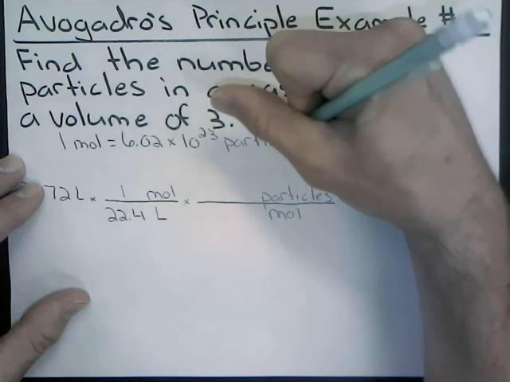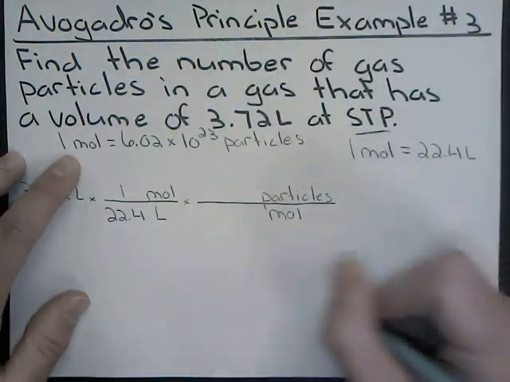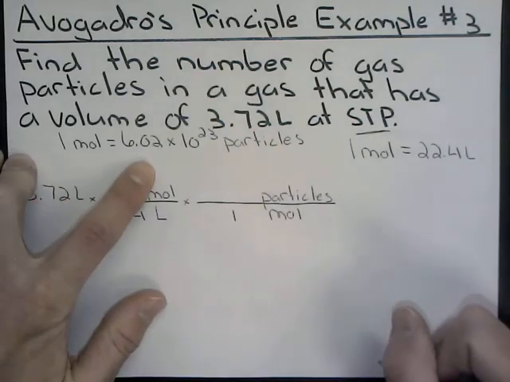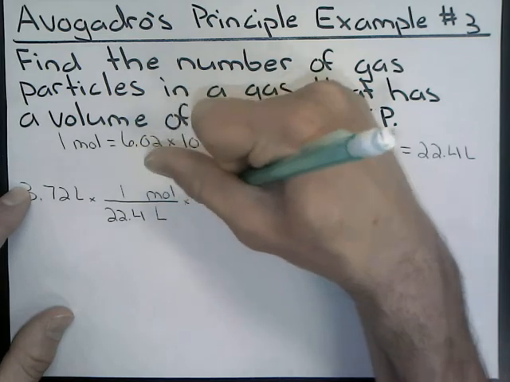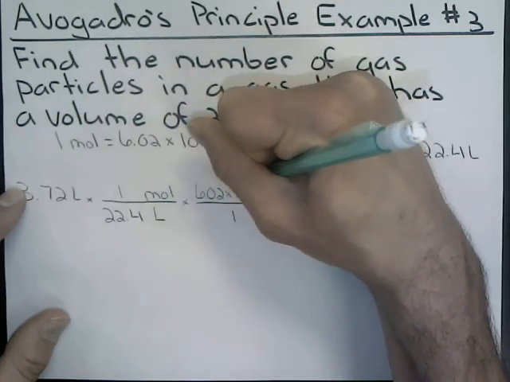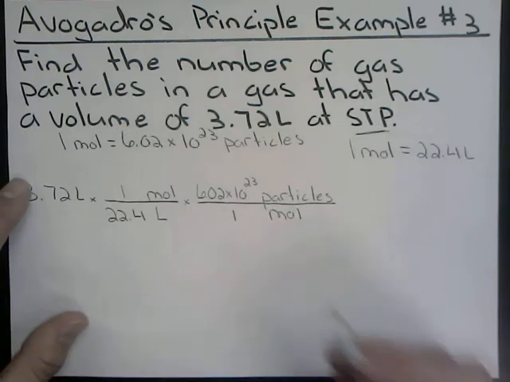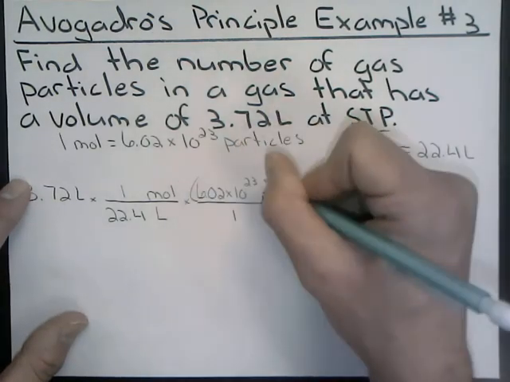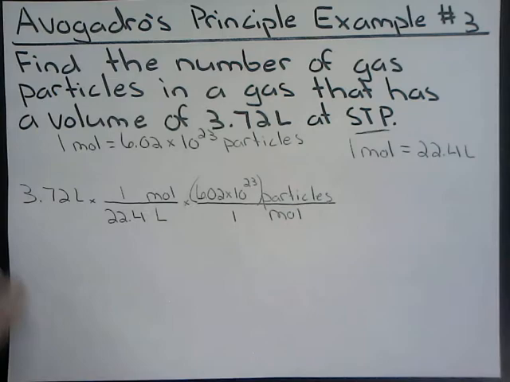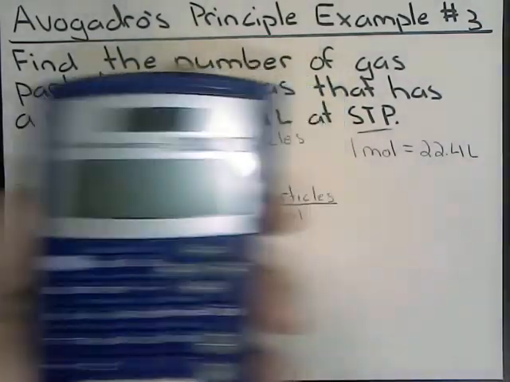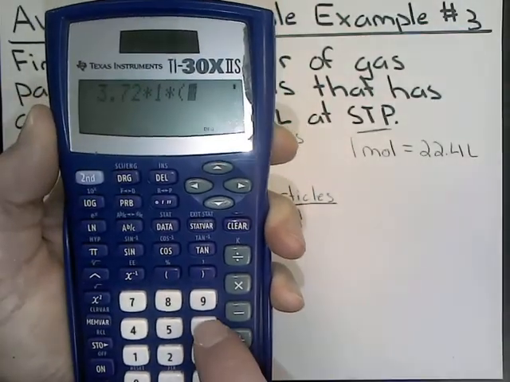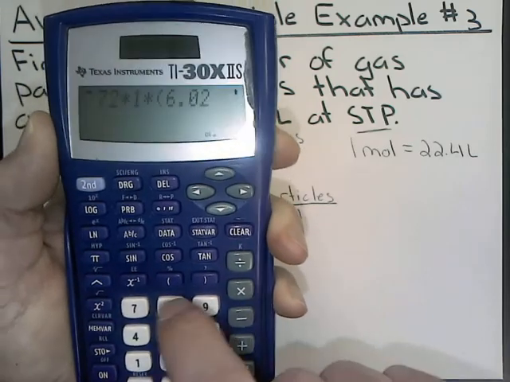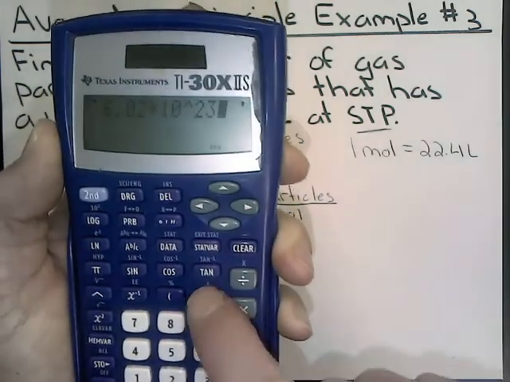Okay? So what we have to do here is this. 1 is associated with moles, and then our 6.02 times 10 to the 23rd is associated with particles. So we put 6.02 times 10 to the 23rd. Now, we're going to go to calculate this, but remember, whenever you have scientific notation, you need to put that in parentheses. So what we are going to do is take 3.72 times 1 times our Avogadro's number, which is 6.02 times 10 to the 23rd.